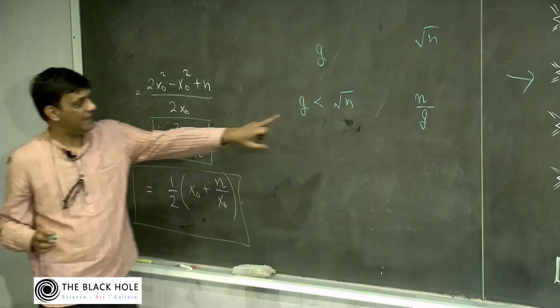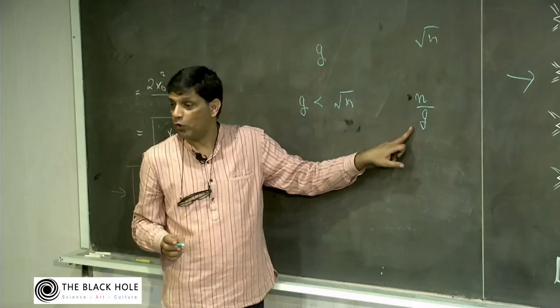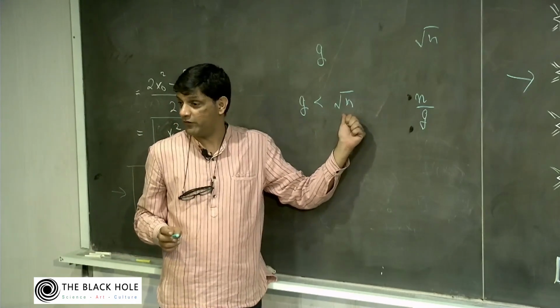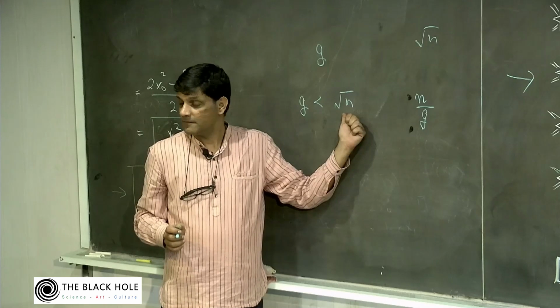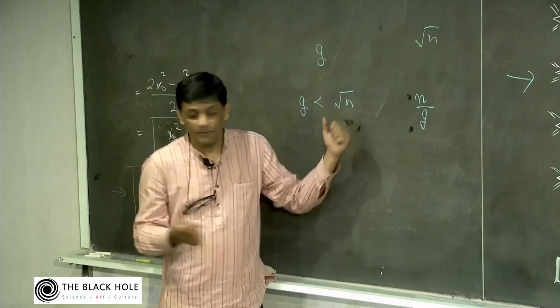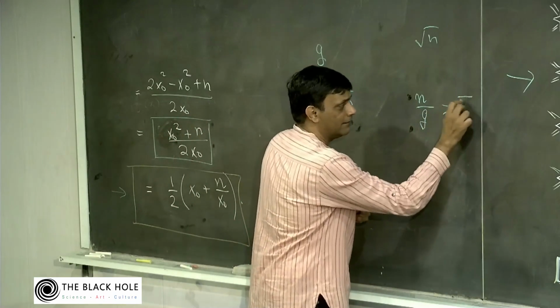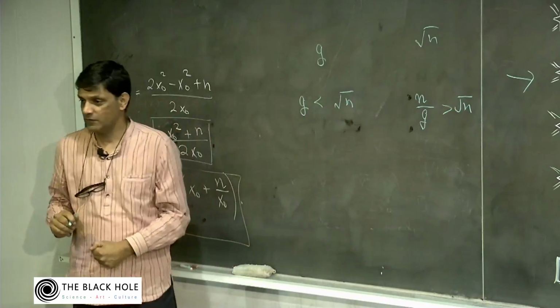I have n and I'm going to divide it by a quantity which is strictly less than the square root of n. It would be greater than g, greater than the square root of n.